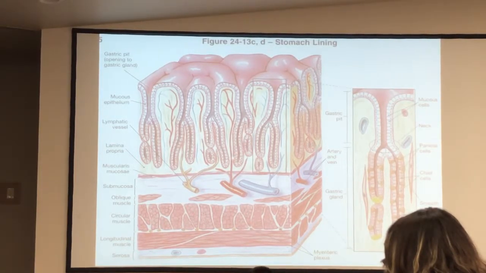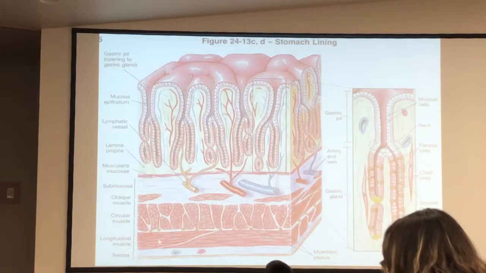So the mucosa is quite big, and they always have 4 layers: mucosa, submucosa, muscularis externa, serosa. So first know the 4 layers, and then there is also the borderline, the muscularis mucosa. And in that cell there, we have the parietal cell that produces acid, the chief cell that produces enzyme, and the G cell that produces hormone.